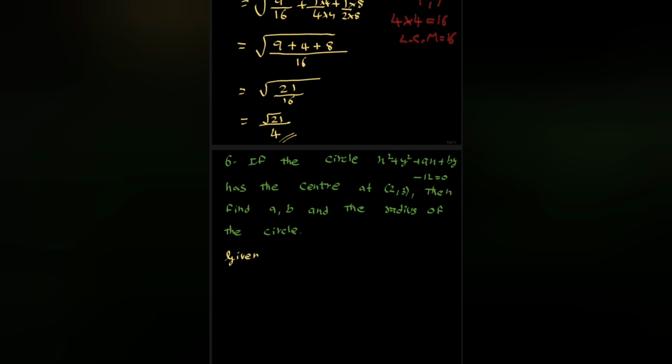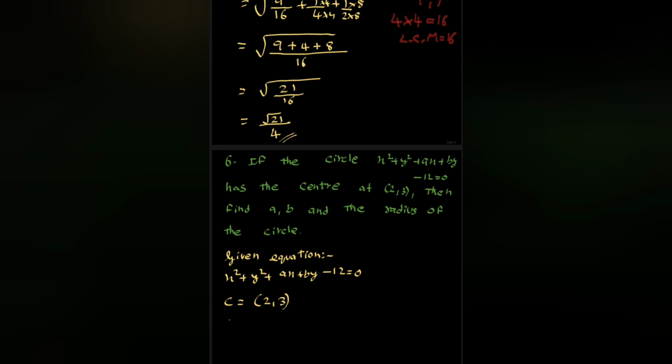Given equation x square plus y square plus ax plus by minus 12 equal to 0, which represents a circle. And also given C equal to 2, 3.